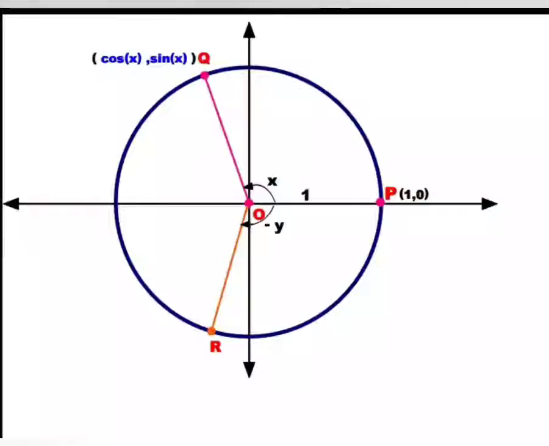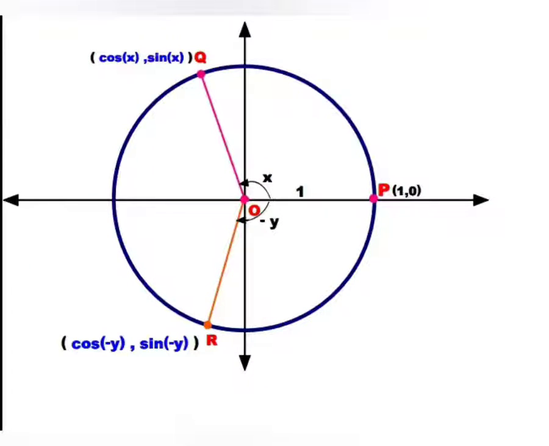Now let us take one more point R on the circle such that OR makes angle y with positive direction of x-axis taken in clockwise direction. The negative sign of y indicates that it is taken in clockwise direction.